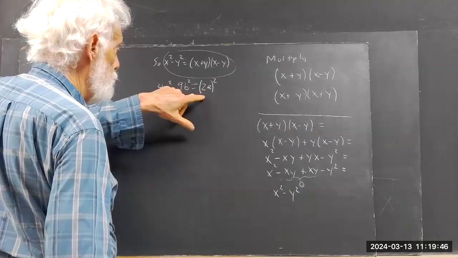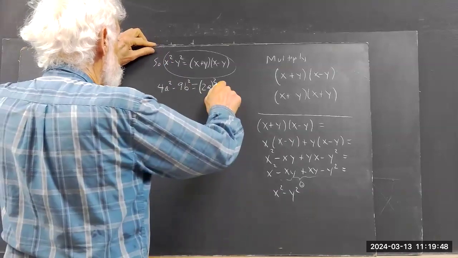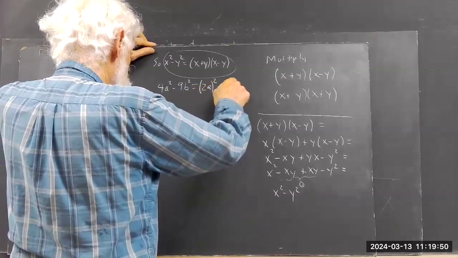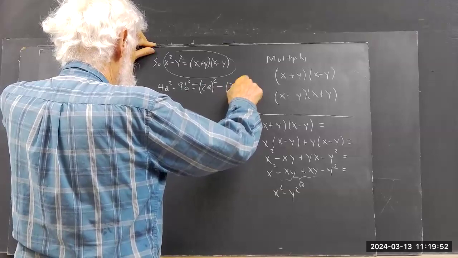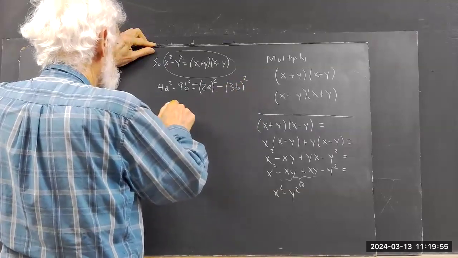Now that's 4a squared, the square of 2a. 9b squared is the square of 3b.